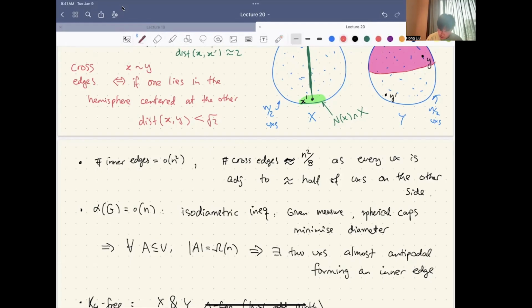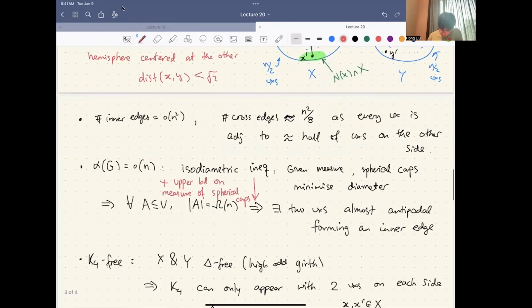So here we also have this isodiametric inequality plus upper bounds on measures of spherical cap. We can then get these 2 antipodal points. This is also not so interesting a computation. Let me skip this part.